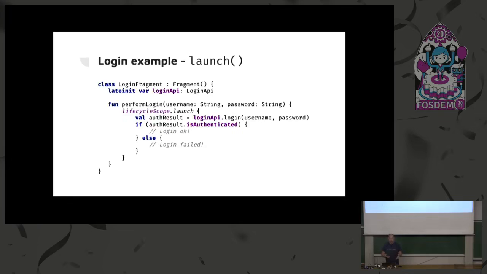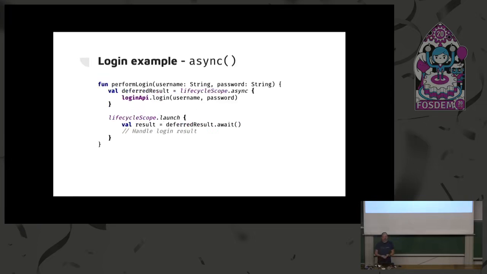And it might actually be a good idea to use that one if you want to make sure that the user stays in the login fragment, and if they leave, you would cancel whatever login operation you had. Now, another way to do it is to use async. When you call async and you return something from an async function, you're no longer getting a job, you're getting a deferred.